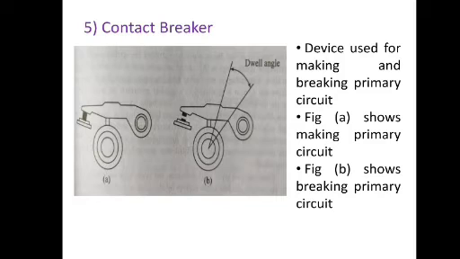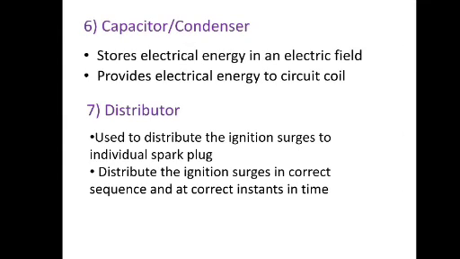Figure A shows making the primary circuit and figure B shows breaking the primary circuit. Then the sixth one is a capacitor or condenser. A capacitor is a device that stores electrical energy in an electric field. It supplies electrical energy to the circuit coil when it is necessary.